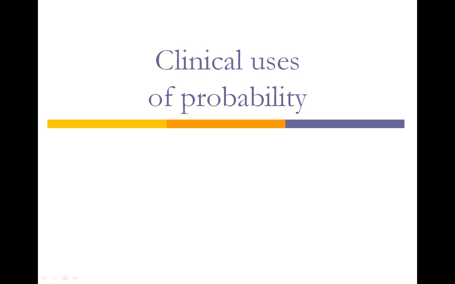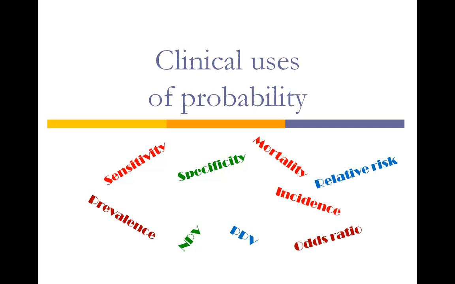As you probably are aware by now, and you will not be surprised, this class is going to be focusing on a bunch of new technical words, some of which you see right now.